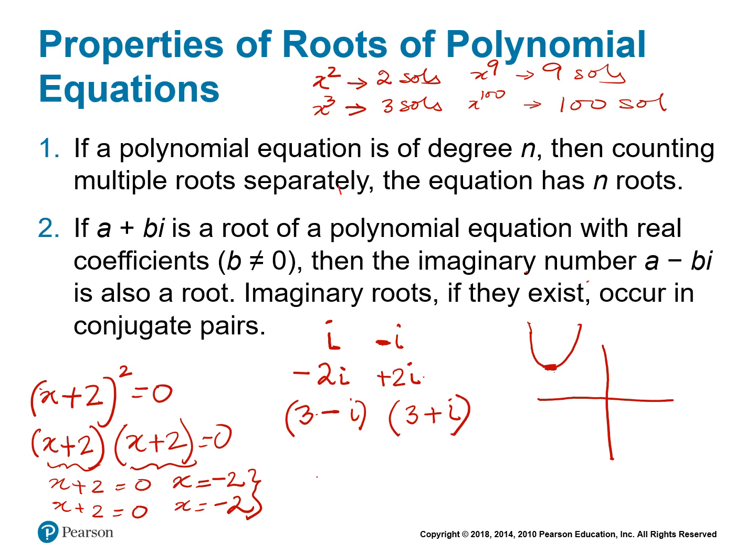It's never going to touch the x-axis. Likewise, we can have a downturn graph also, never touching the x-axis. That means the equations of these graphs have imaginary x values. That means the solutions of x are imaginary.